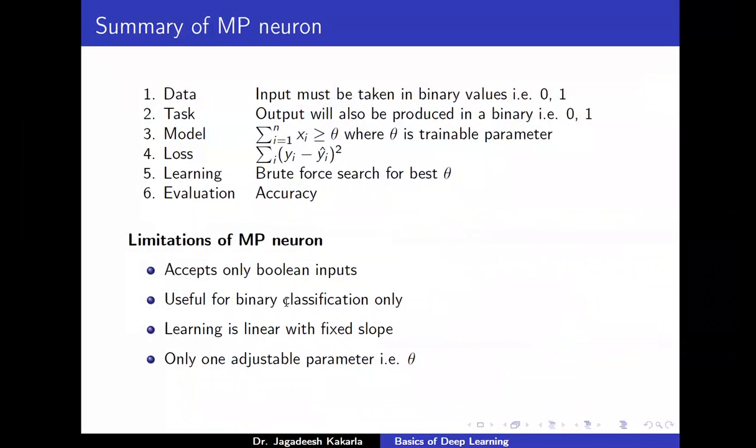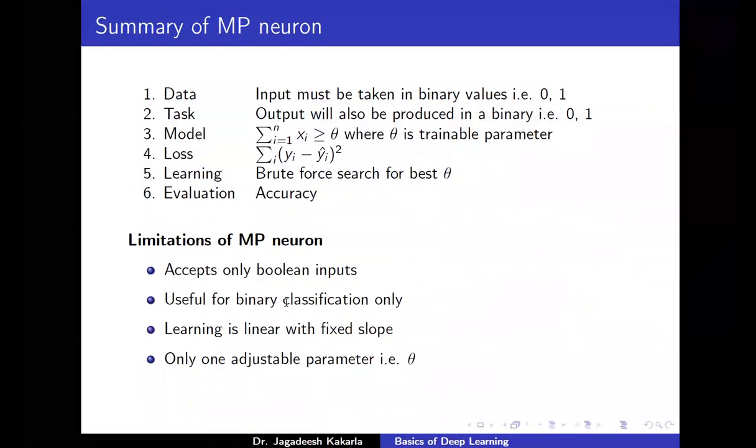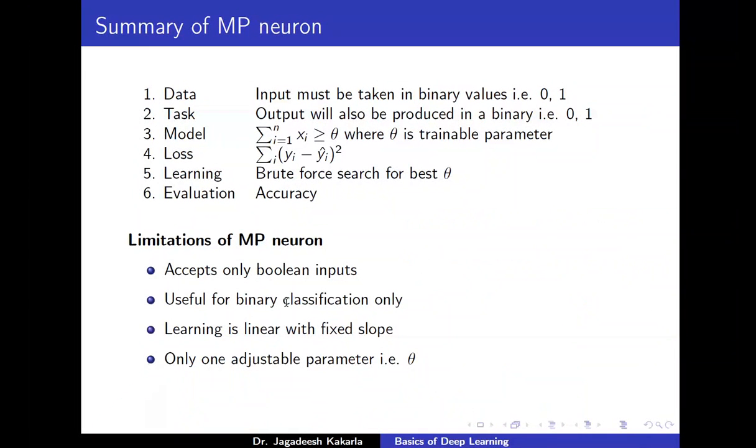Now, what is the summary? I will talk about the machine learning model or deep learning model with 6 buckets. I will discuss what the 6 buckets are, then discuss each one with respect to the MP neuron. Whenever you take any deep learning model, first, your data is very important: whether it contains only binary values or real values.